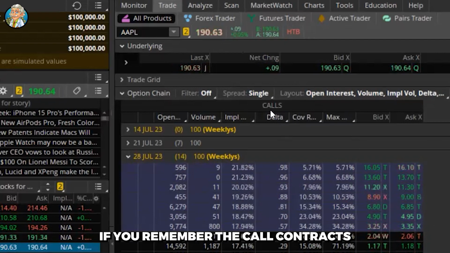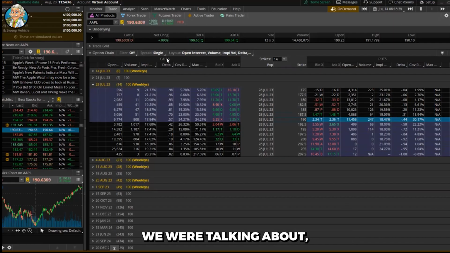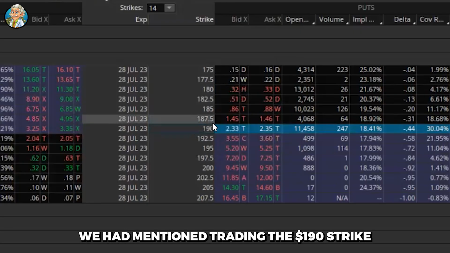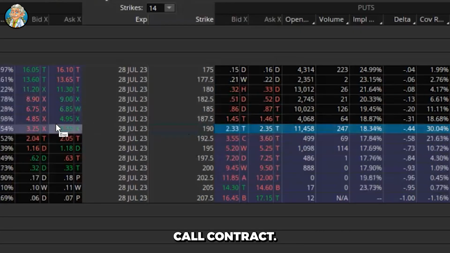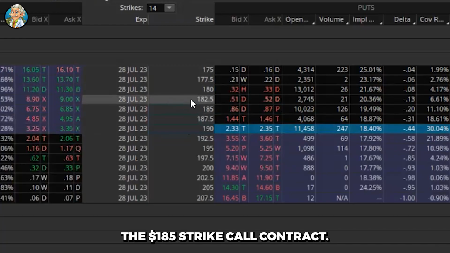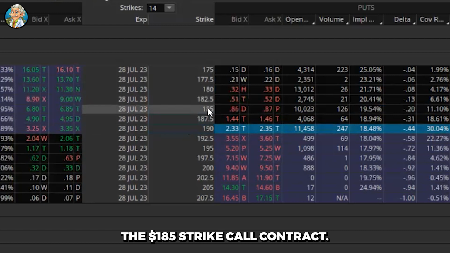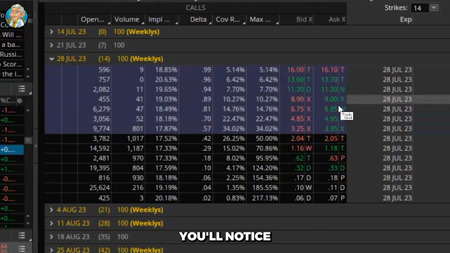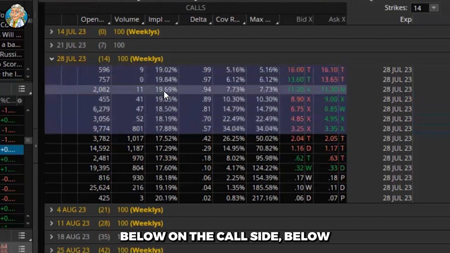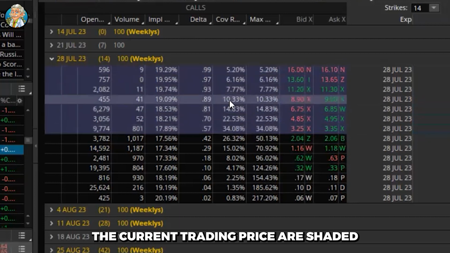So for example, if you remember the call contracts we were talking about, we had mentioned trading the 190 strike call contract. Well, let's change that up a little bit. Let's say instead of 190, somebody had bought the $185 strike call contract. You'll notice that all of these contracts on the call side, below the current trading price, are shaded.